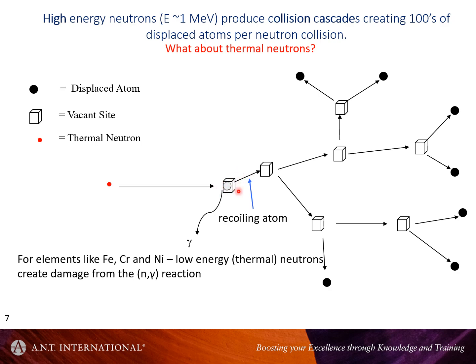One of the more common reactions is the N-gamma reaction, in which a gamma photon is emitted. That gamma photon can have energies of the order of MeV, depending on the isotope in question and the reactions that one is talking about. And when the gamma photon is emitted, there's a recoil, and that recoil itself creates a number of atomic displacements, typically about 4 or 5.